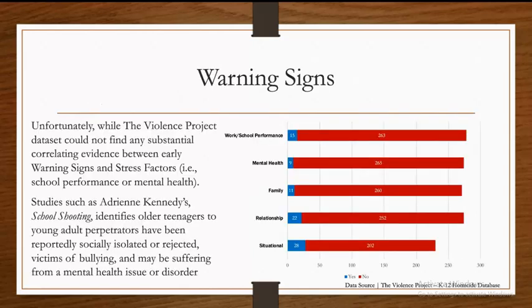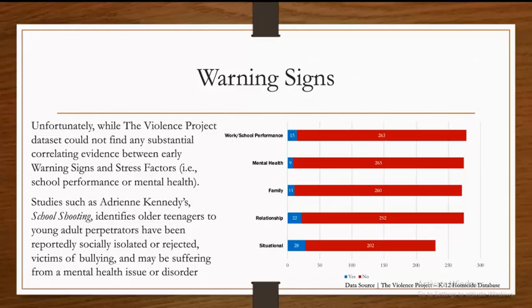As for the warning signs, unfortunately, the Violence Project couldn't find any substantial correlating evidence between early warning signs and stress factors such as school performance and relationships, most of which identified as no evidence between either two.